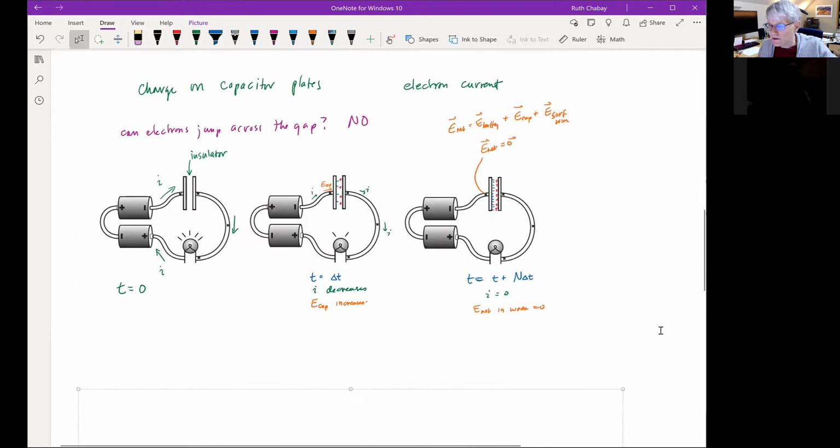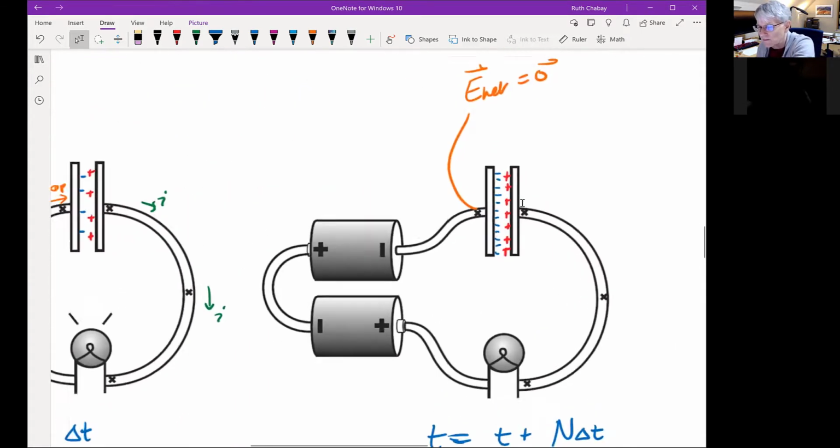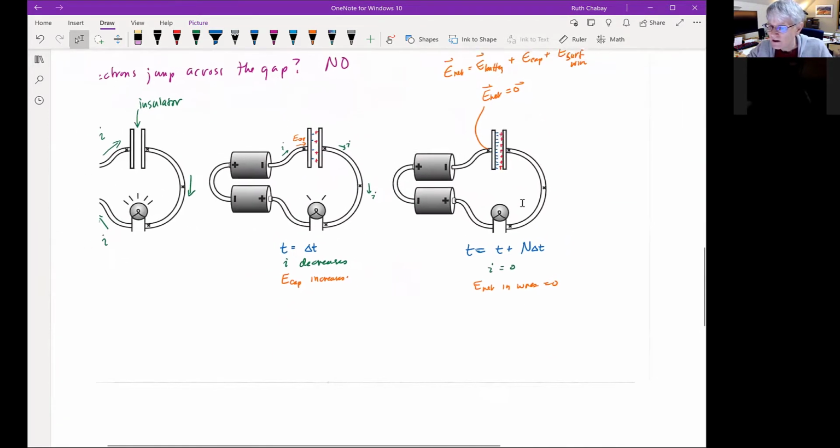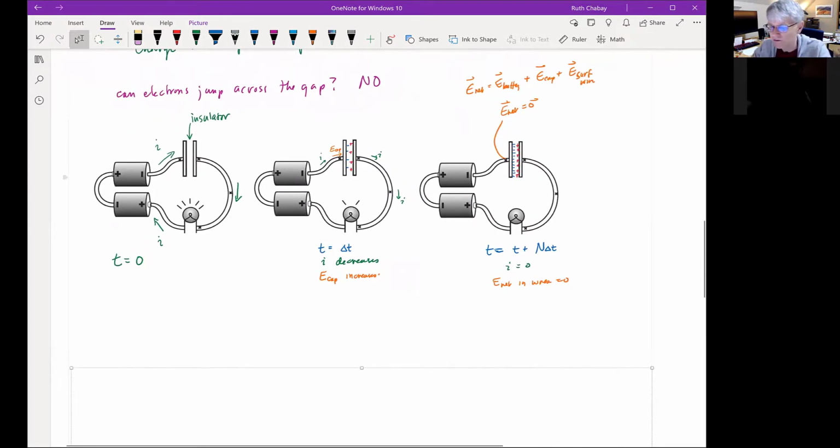Okay, so after the charging phase, we ended up with a lot of charge on the plates of the capacitor. Now this circuit, at the end, when the current stopped flowing, was actually at equilibrium, because E net was 0 and no current was flowing.